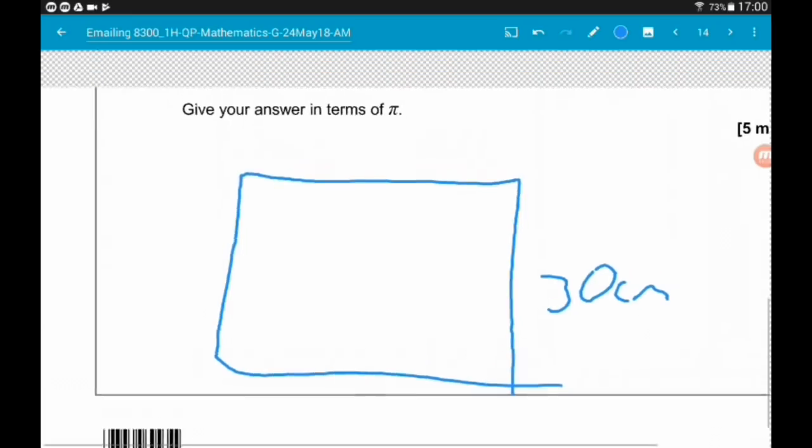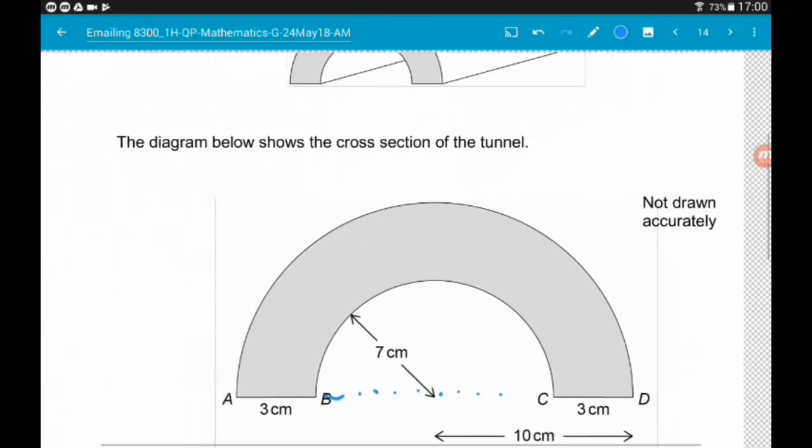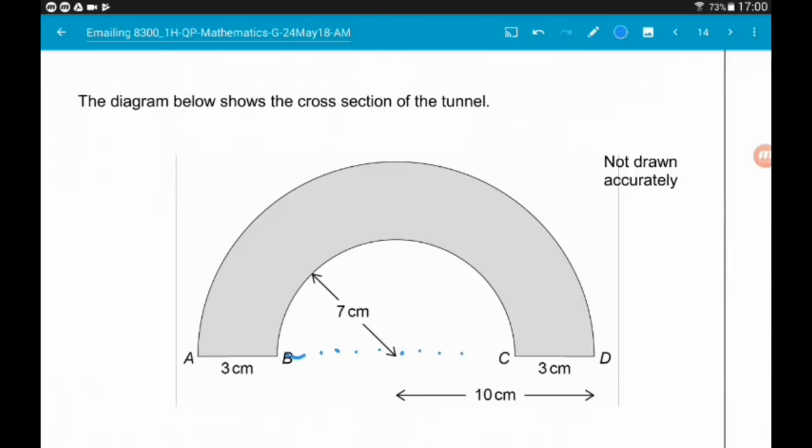Now the dimension that we need to find of this rectangle is this arc from A to D. So if you like, half the circumference of what would be this big circle if it wasn't cut in half.